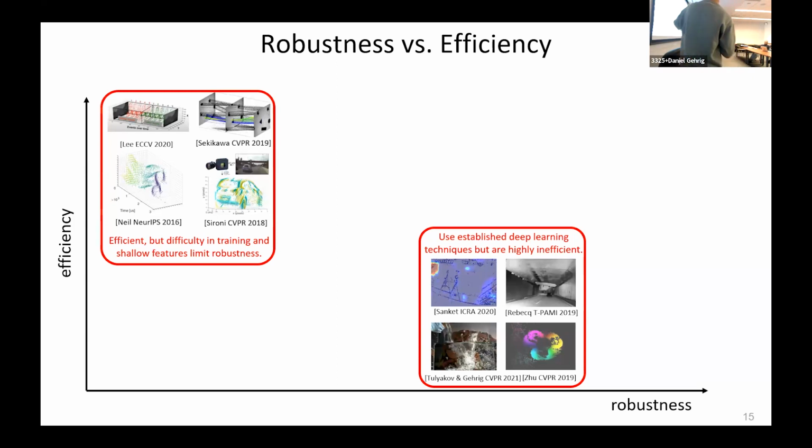So they rarely scale to very complex problems. Going back to our goal, we see that biological vision systems are somewhere in the top right. And this has been the goal of my PhD: how can we reconcile the advantages of both of these paradigms to get both robust and efficient processing?